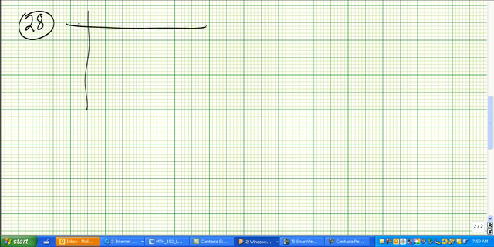Okay, we have our values and we have our frequency, and so if we have the values 12, 14, 16, and 18, and frequencies 3, 1, 8, and 4.